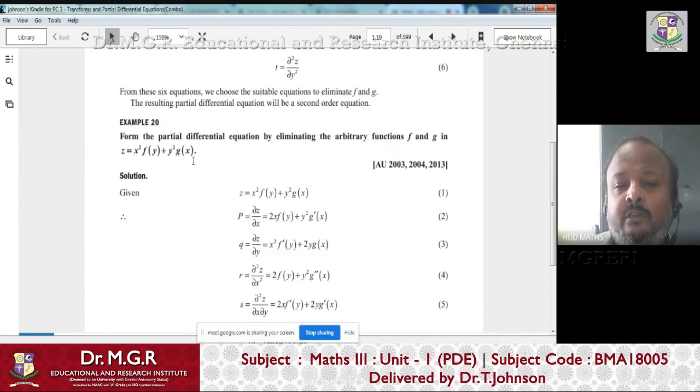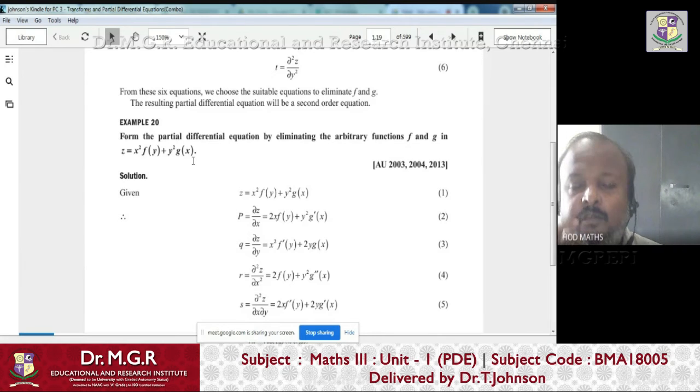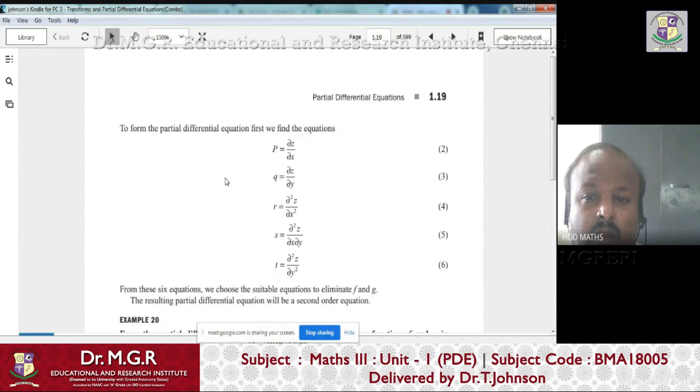So when we try to find the solution for this, the PDE will be of order more than one. So definitely terms like R, S, T will come in the final PDE, right?